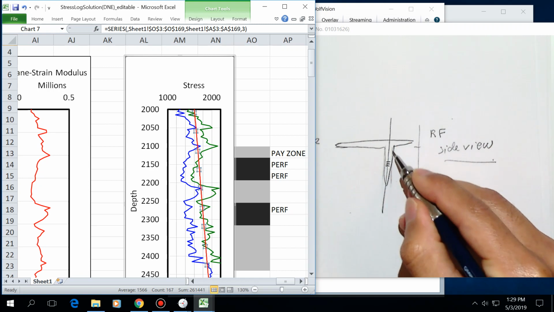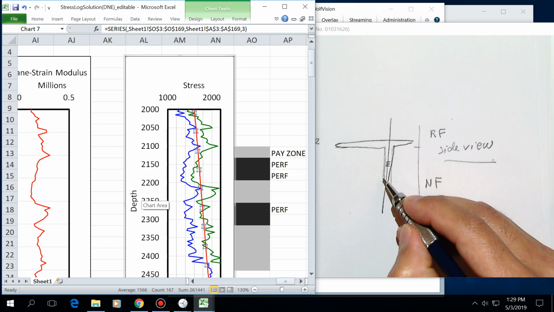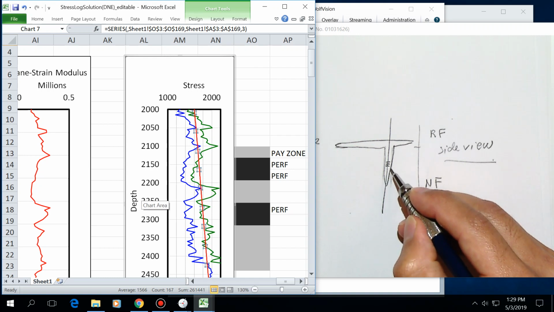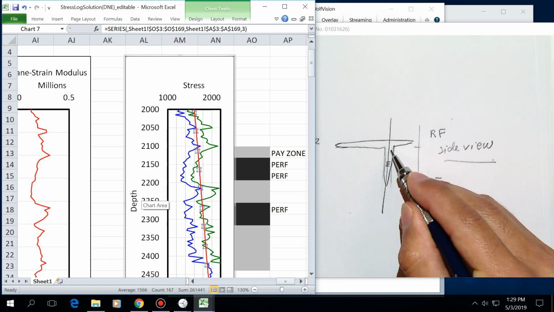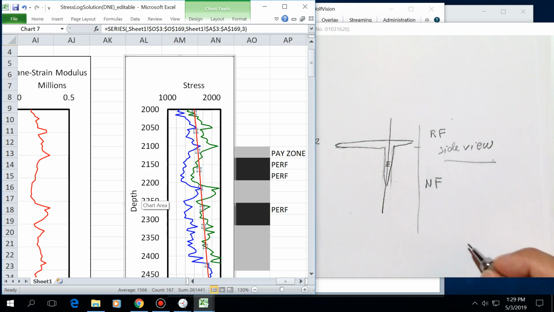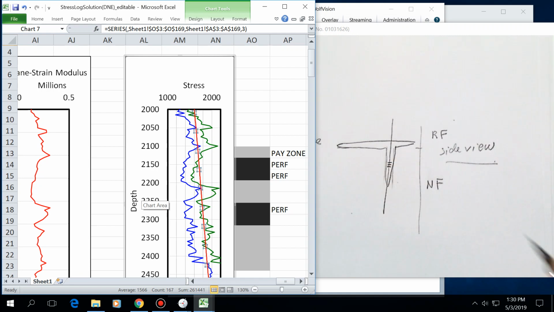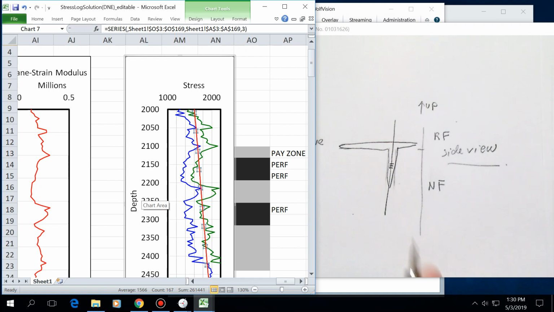So it starts growing vertical in this region, and then it gets to this change of stress regime, and then it flips. So this is side view, and in this direction this is up, right?